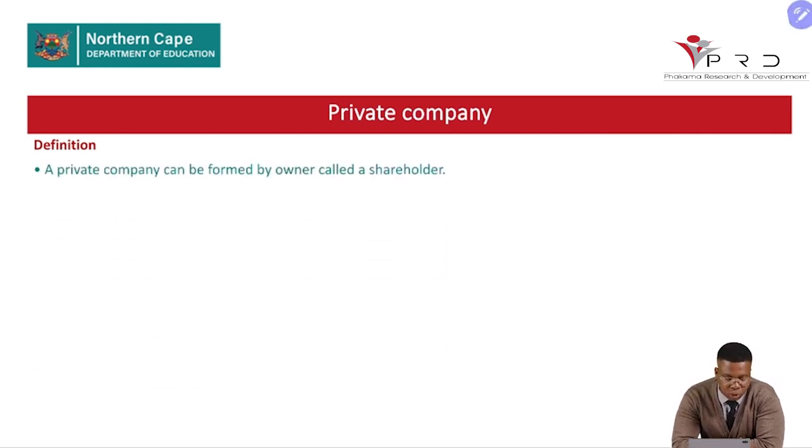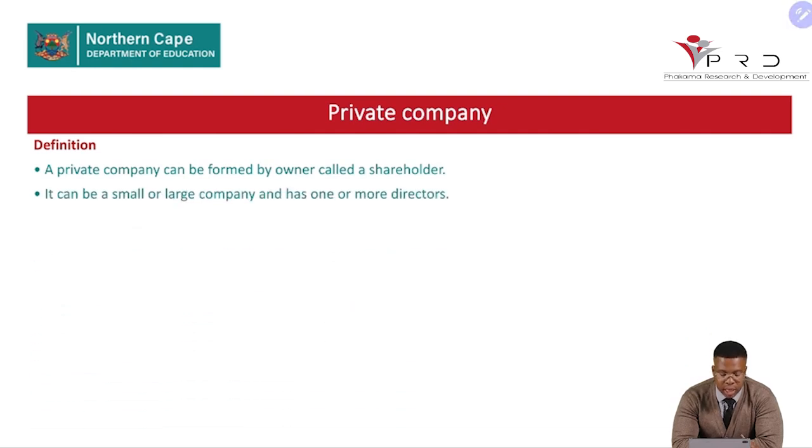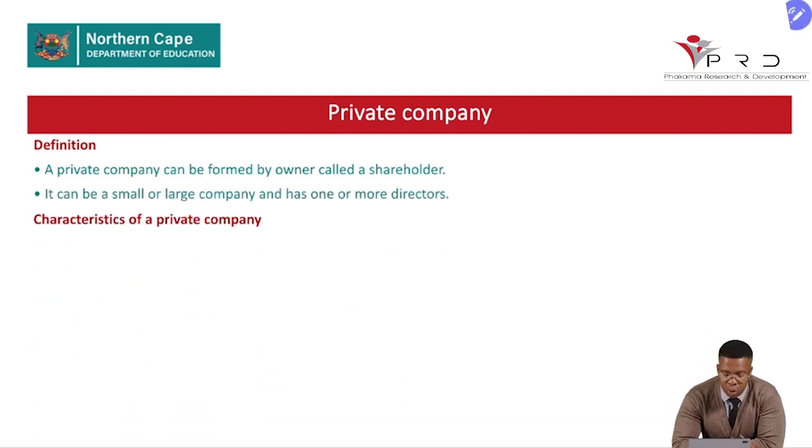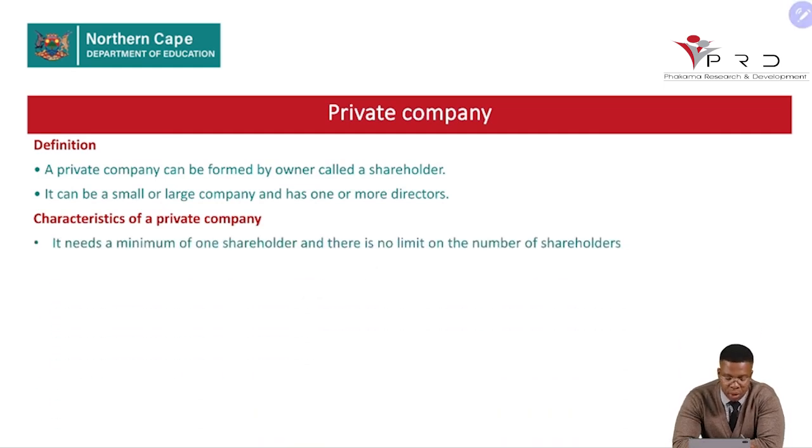Now, when we're looking into a private company, a private company can be formed by an owner who is called a shareholder, and then it can be a small or a large company that has one or more directors. Now, it needs a minimum of one shareholder, and there's no limit on the number of shareholders.